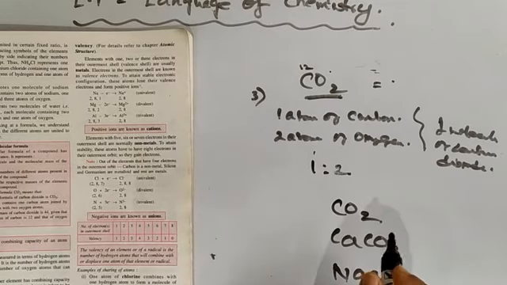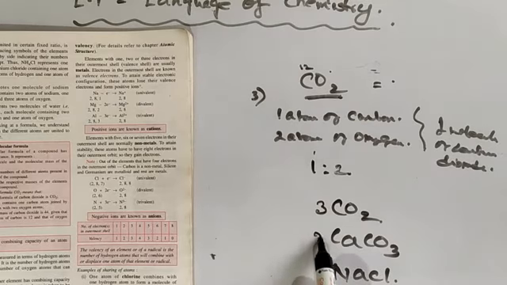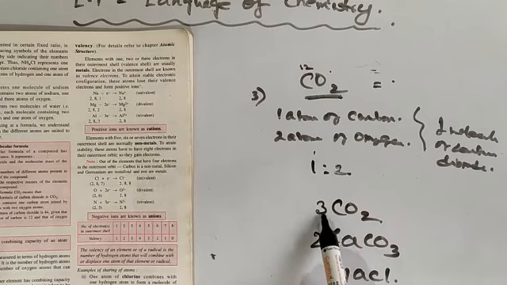Now suppose you want to increase the number of molecules of a particular compound. Suppose I want 3 molecules of carbon dioxide and 2 molecules of calcium carbonate, then what will be the number of atoms of each element? Then we have to multiply the respective atoms of each. 3 molecules of carbon dioxide contain 3 atoms of carbon and 3 into 2, 6 atoms of oxygen.